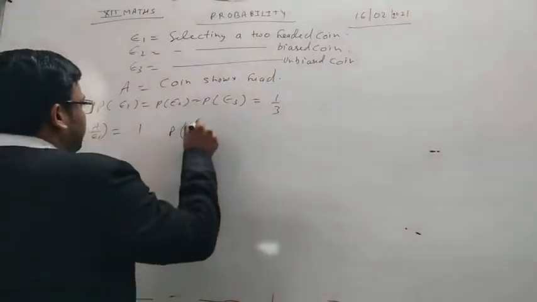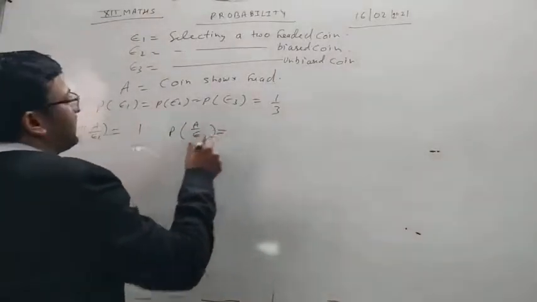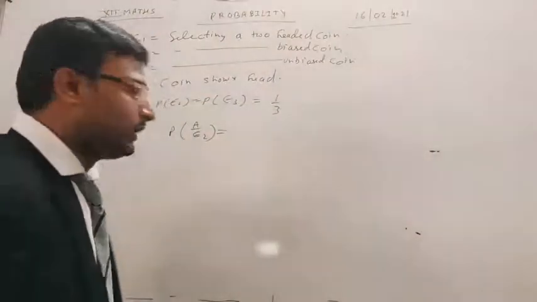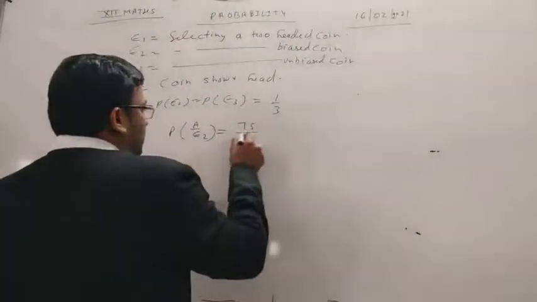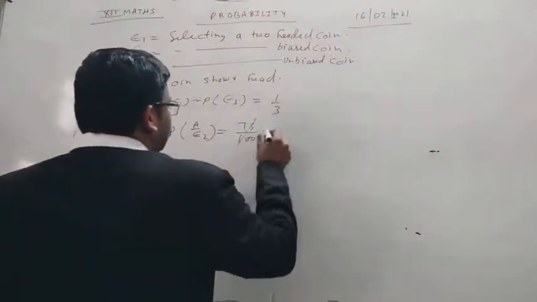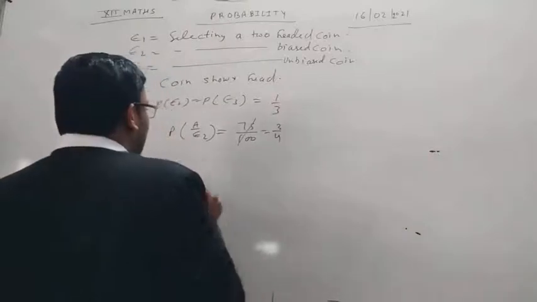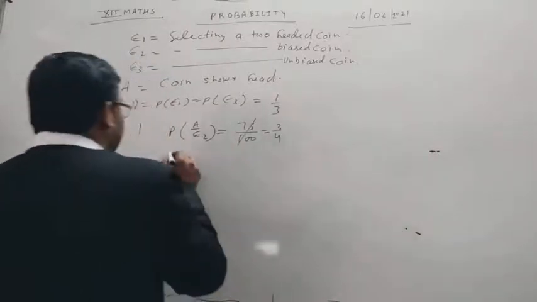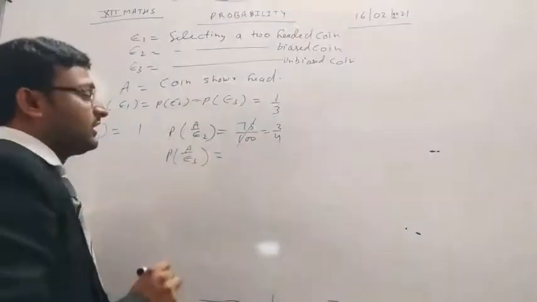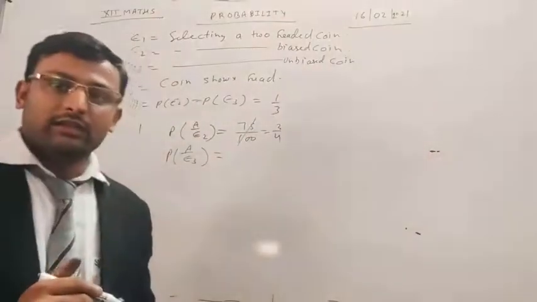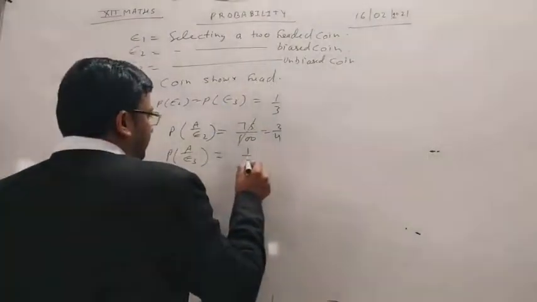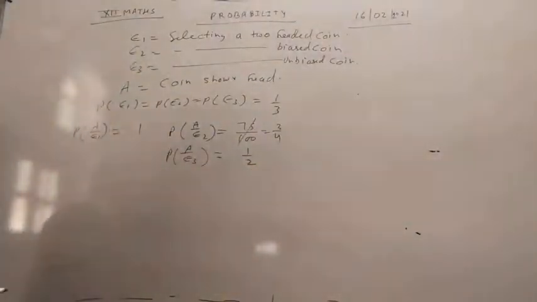Now the probability of A by E2 is, friends, that of selecting a biased coin with 75%. The coin is 75% biased, so this will be 3 by 4. And the probability of A by E3, that is the unbiased coin, means a fair coin, gives us 1 by 2, a 50-50 chance of getting head or tail.